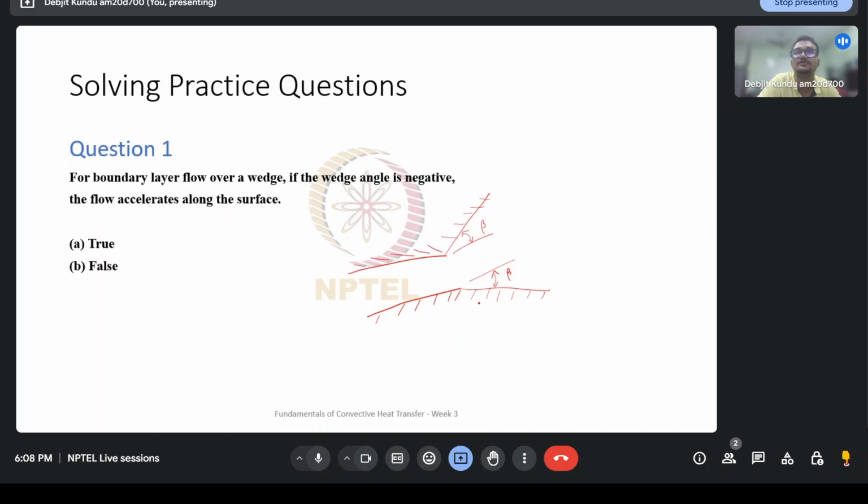Now, if the wedge angle was positive, meaning it went from something like this to something like this, which you can see in cases of nozzles, then the flow is accelerated. So this is the case of a positive beta or wedge angle, and it accelerates when the wedge angle is positive.